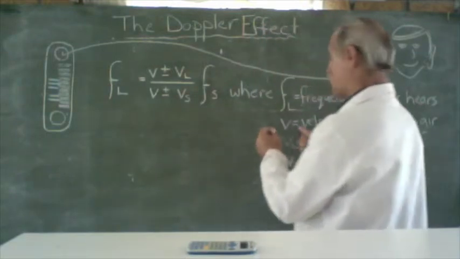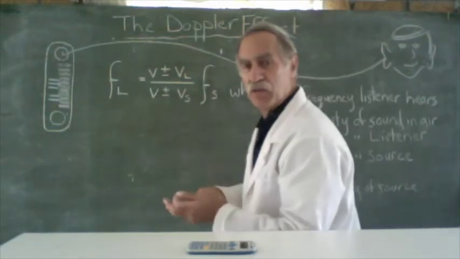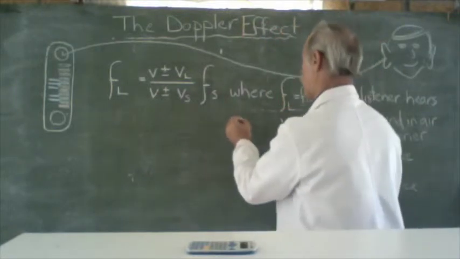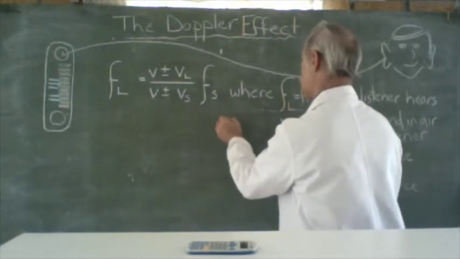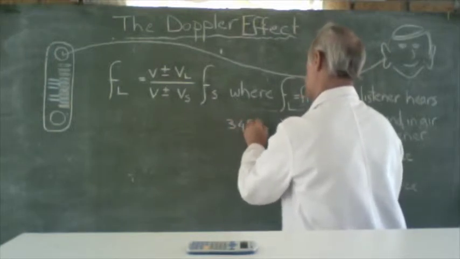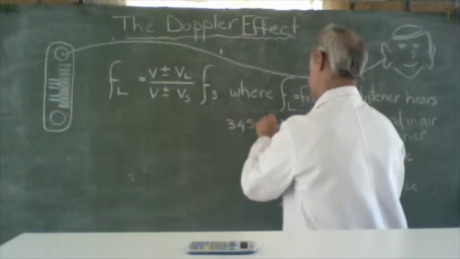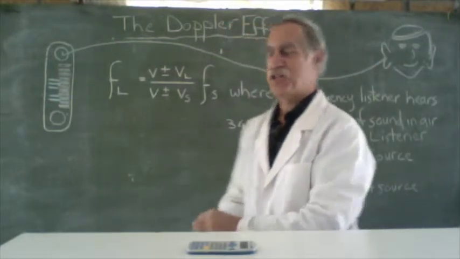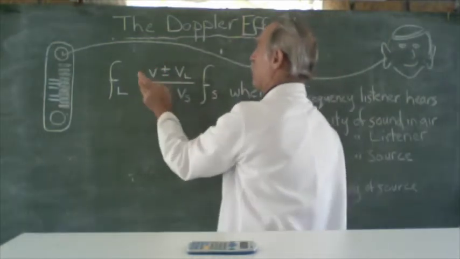And it's somewhere around 340, 345. We're going to use 345. Velocity of sound in air, 345 meters per second. It changes slightly depending on air conditions. So this is going to be 345.